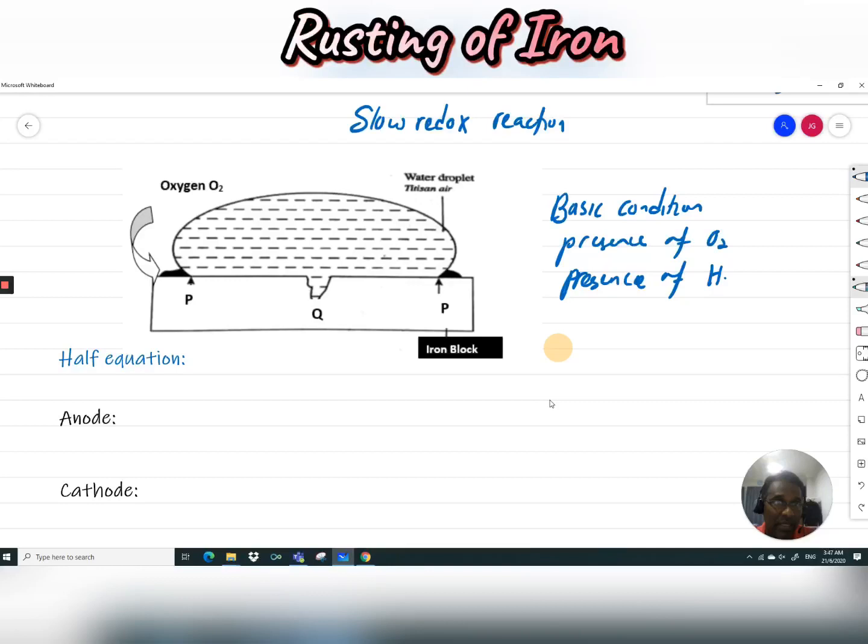And how to write the half equation at the anode? So this will be the anode region. Why? Because the concentration of dissolved oxygen at this region is lower. So Fe arrow Fe2+ plus 2 electrons. The process is called oxidation.